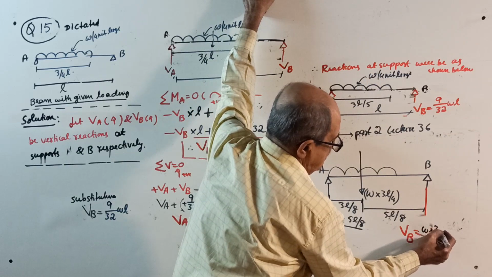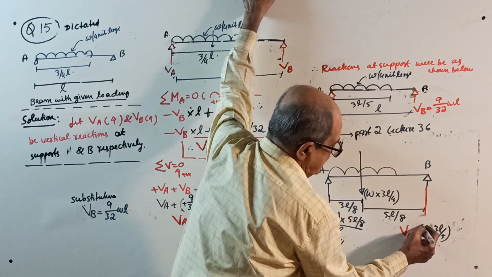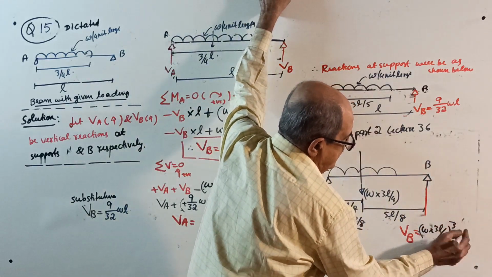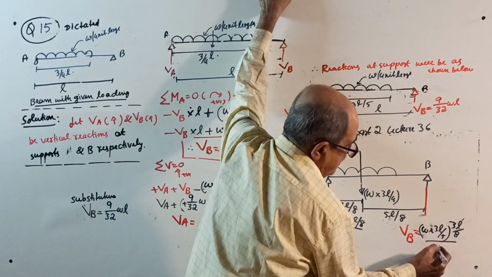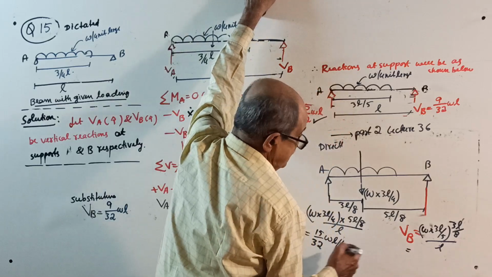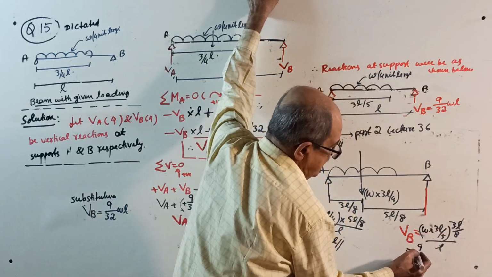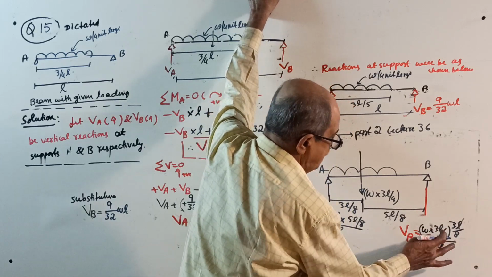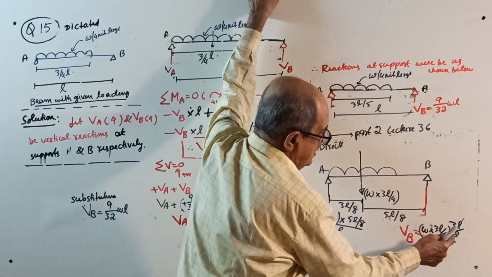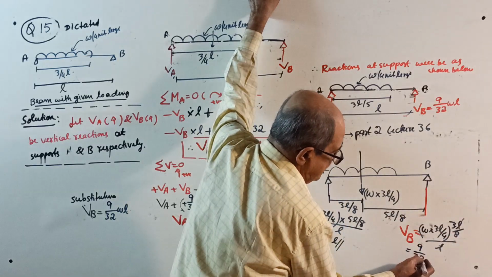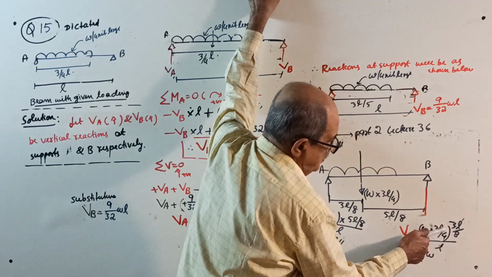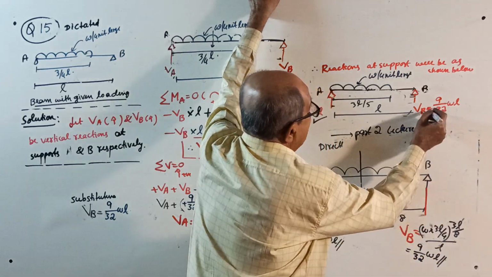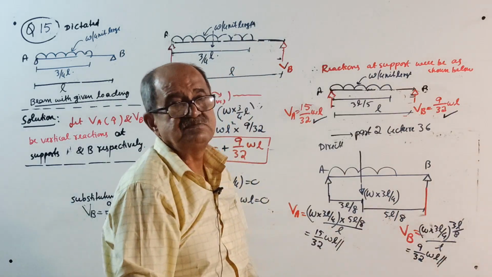W into 3L by 4 is the total load, into other distance 3L by 8 divided by L, equal to 3 into 3, 9 by 8 into 4, 32, W into L square by L, WL. Exactly what answer you got here.